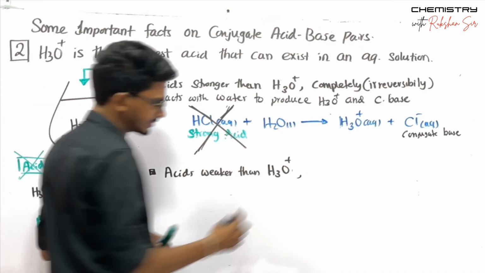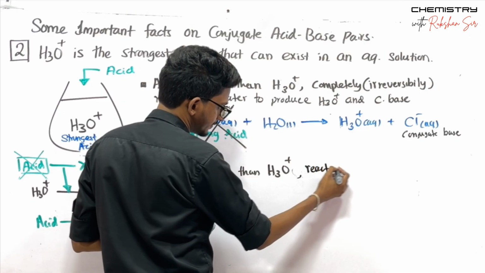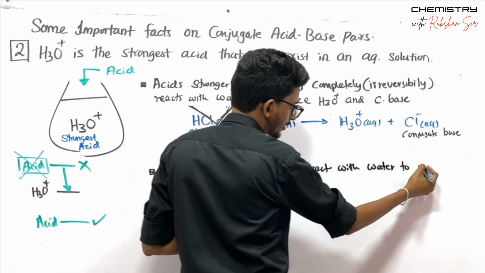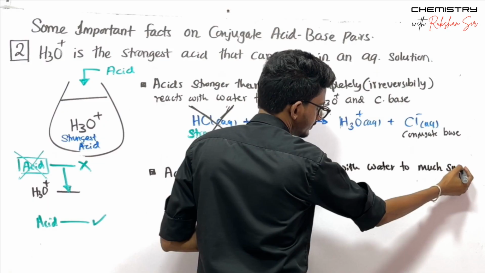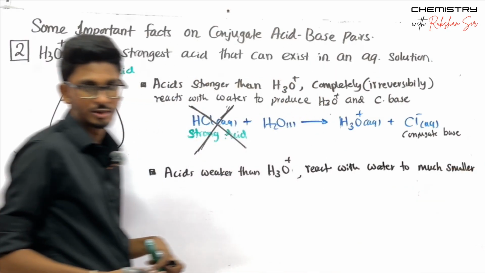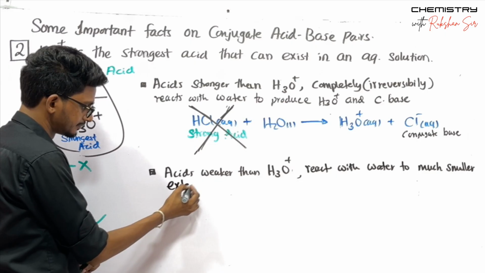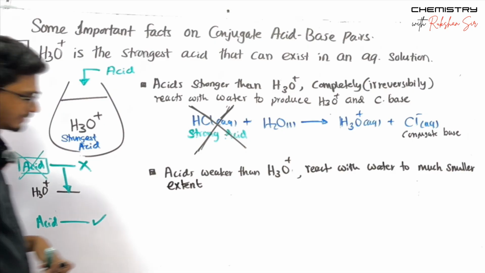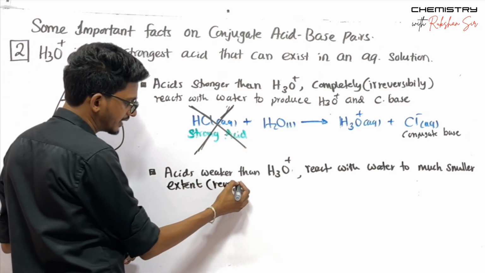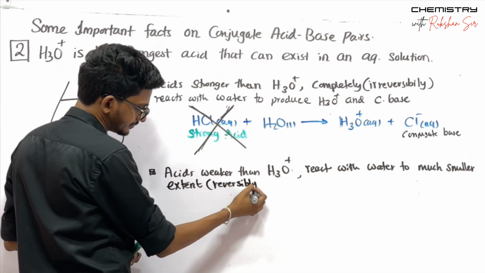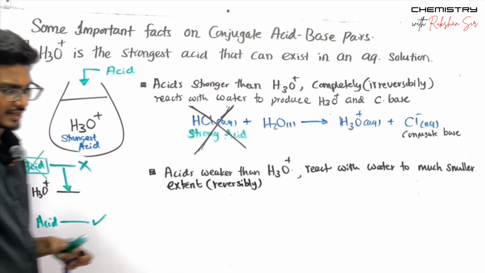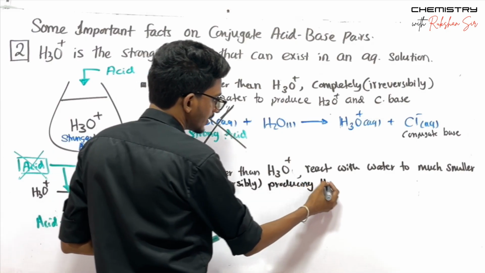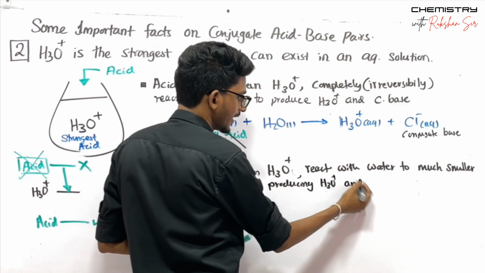An acid weaker than H3O plus reacts with water to a much smaller extent, reversibly, not completely, producing H3O plus and its conjugate base.